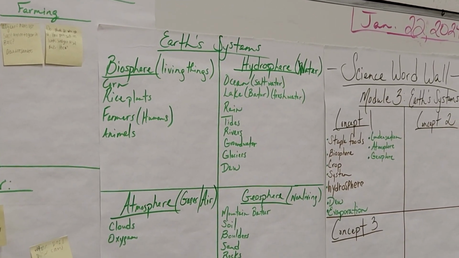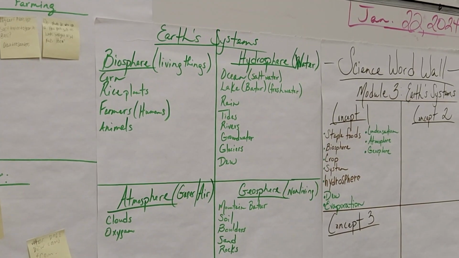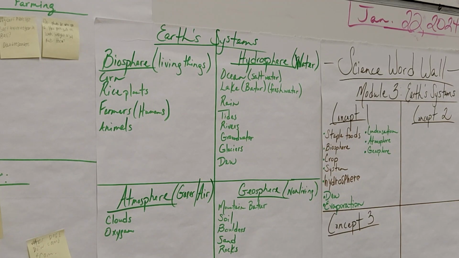I'm moving further over to my science side. Now, if you look at the board, I have Earth systems written there, and it's categorized in a four squares setup. I use that to display all of the Earth systems that we cover. We cover all four of them in the module right now.